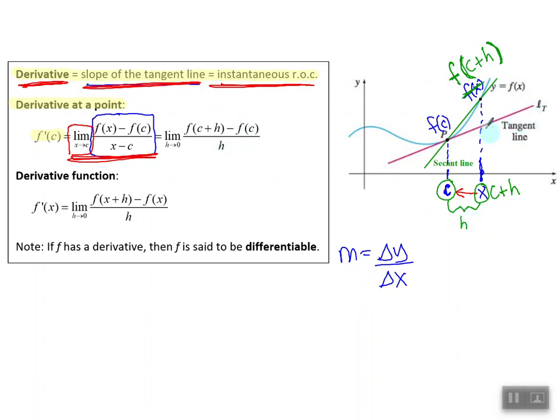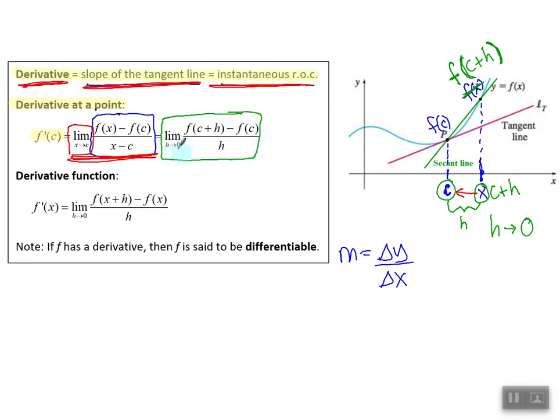And if we are trying to find the slope of the tangent line, we're bringing this c plus h closer to this c, which means that we're making the change in x, or calling it h, get closer to 0. So this is another way to define the derivative at a point.